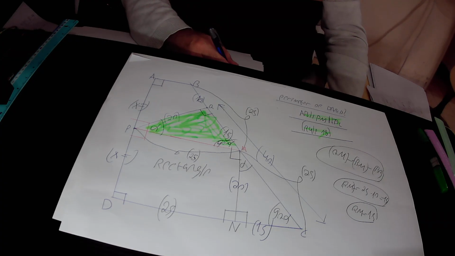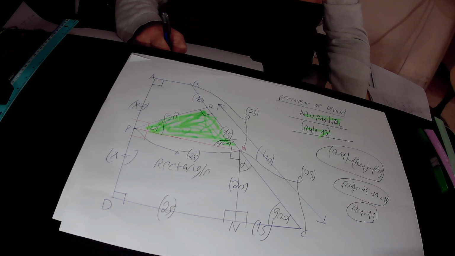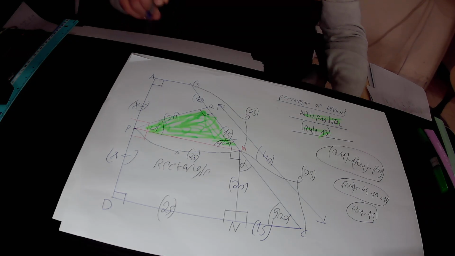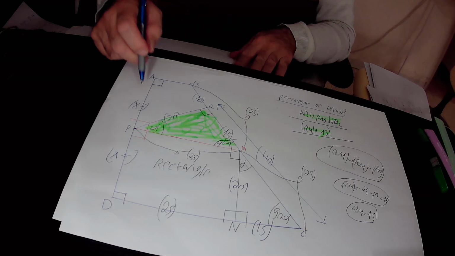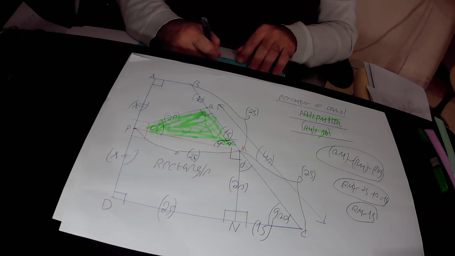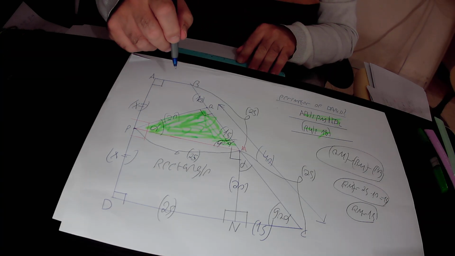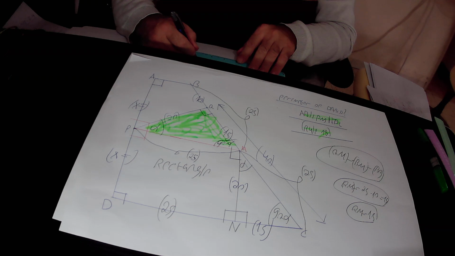According to the trapezoid mid-segment theorem, the length of this mid-segment PM that bisects the two legs AD and BC is equal to the sum of the two parallel bases, AB plus DC, over 2.